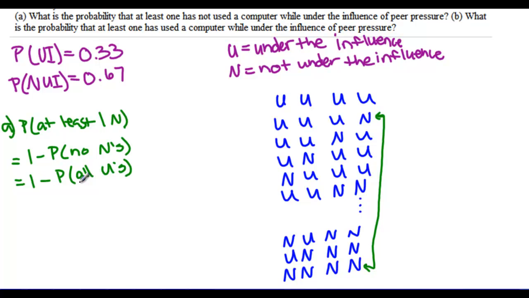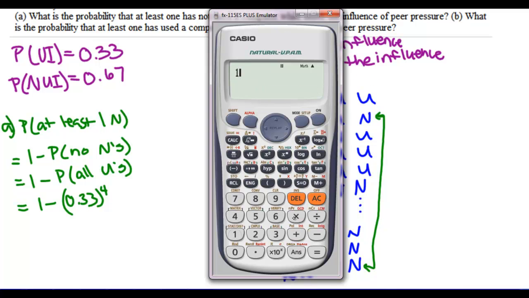So we're doing 1 minus the probability of all U's. The probability of a U is 0.33, so the probability of somebody operating a computer under the influence of peer pressure is going to be 0.33 to the fourth power, because again, we're choosing 4 people. So 1 minus 0.33 to the fourth power is going to give us 0.9881.